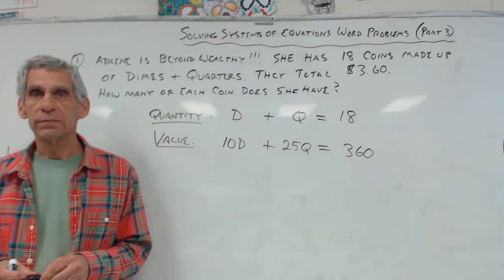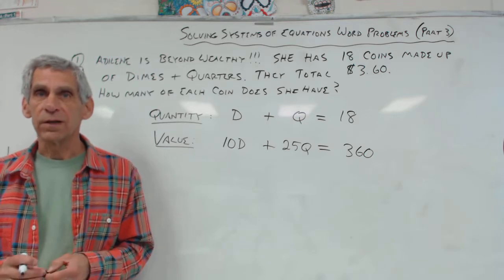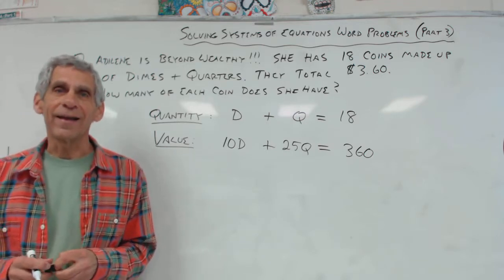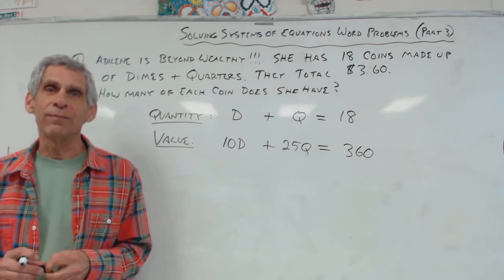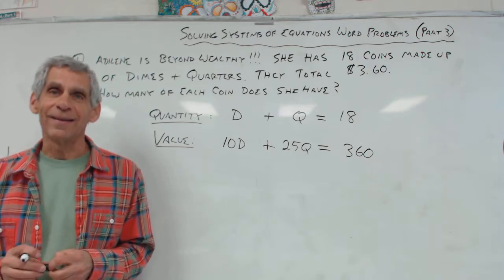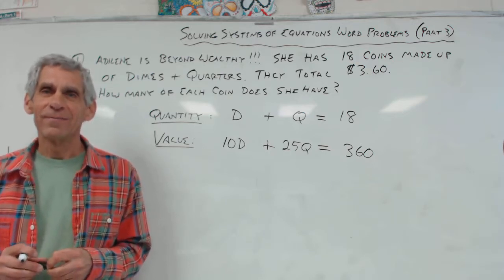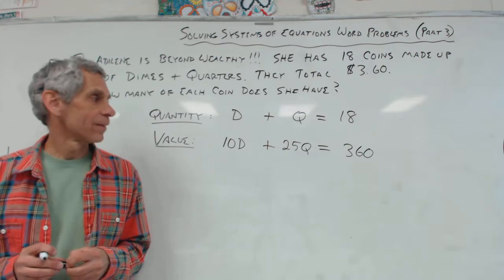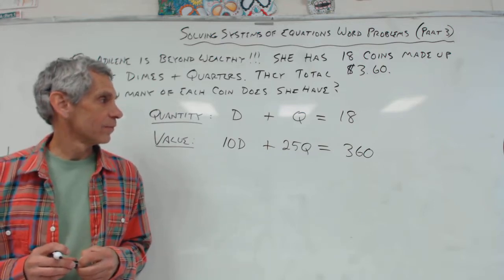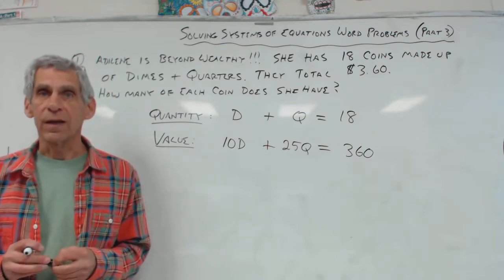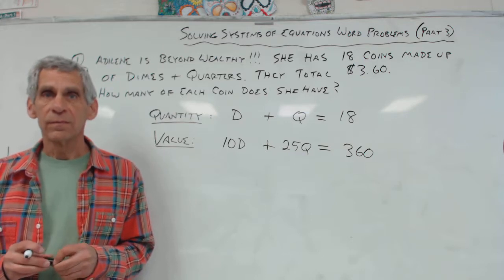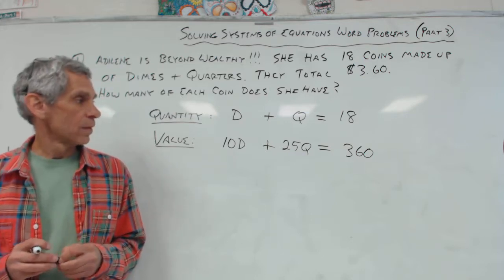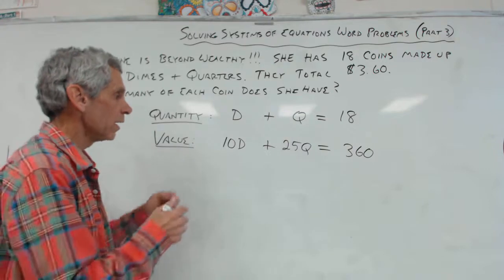So now how would I solve it? Well, you could either do the substitution and move either Q or D to the side of 18, or you can multiply by negative 10.